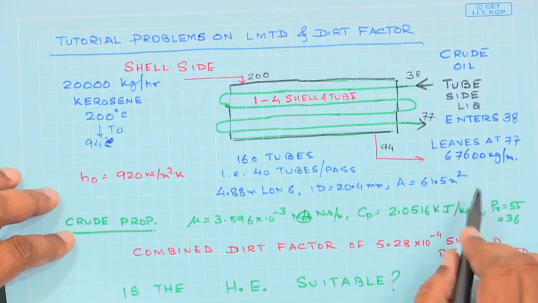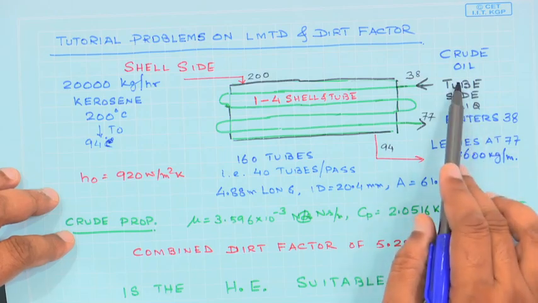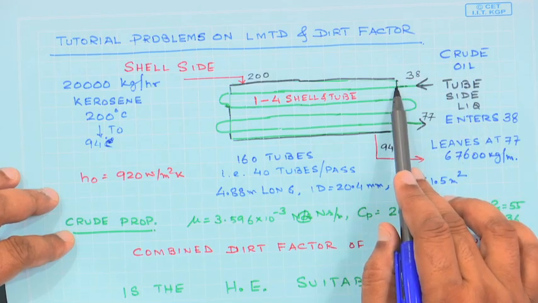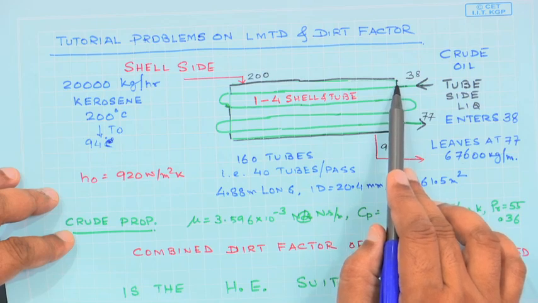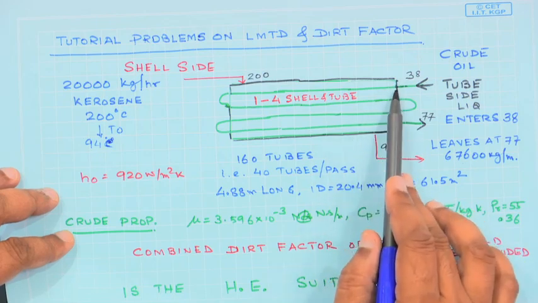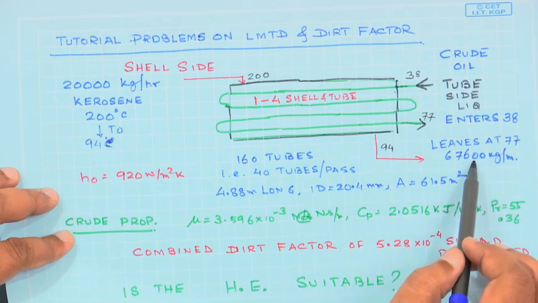So, that is the flow rate of the crude oil which enters the shell and tube heat exchanger. Since there are 1-4 passes, there would only be 40 tubes which are available for this much crude oil to flow.